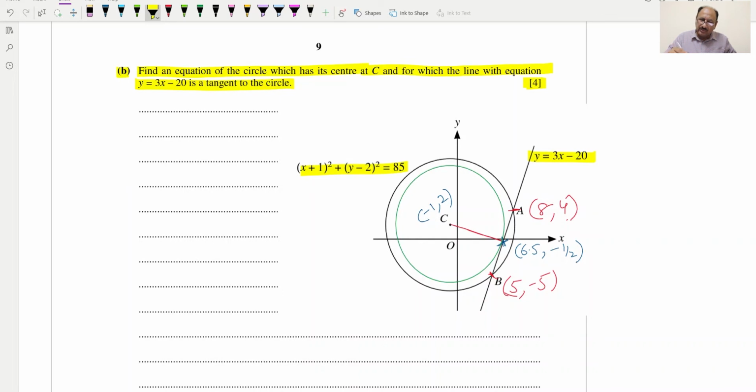So the center is (-1, 2), and we can write the equation of the circle.